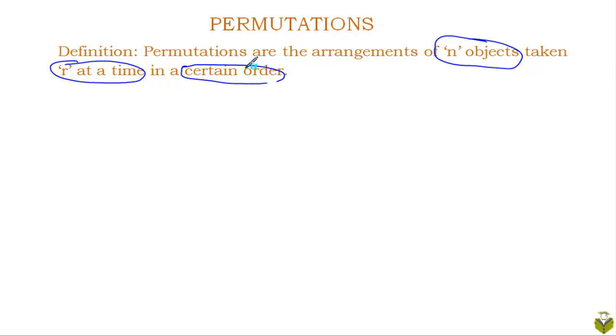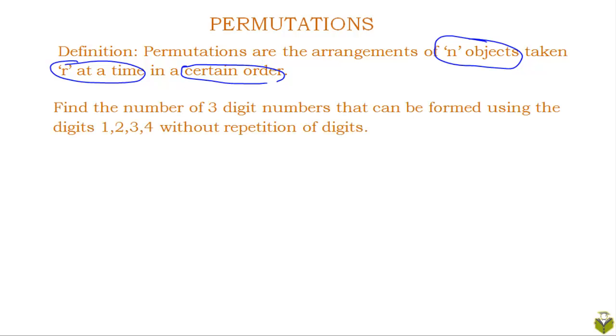So let me explain it using an example, which will be easier. So the question is, find the number of three-digit numbers that can be formed using the digits 1, 2, 3, and 4 without repetition of digits. So this is a problem you can solve using the fundamental principle of counting, but I just wanted to look at it in terms of permutations.